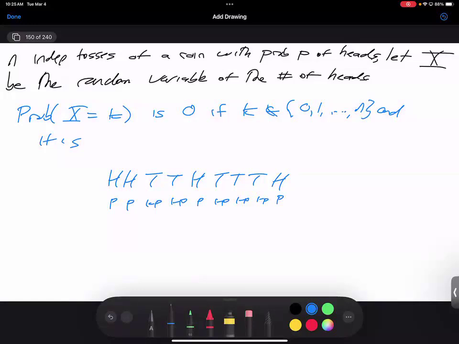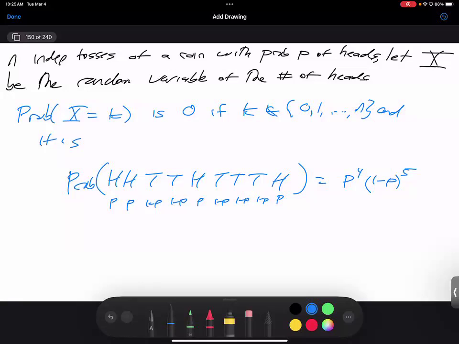So the probability of this string would be P to the 4, and then 1 minus P to the 5. This would be the probability of a specific string of 4 heads in 9 tosses.